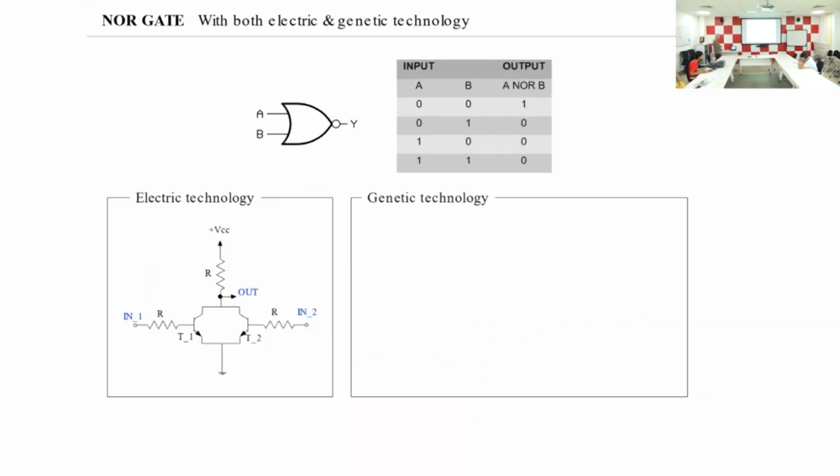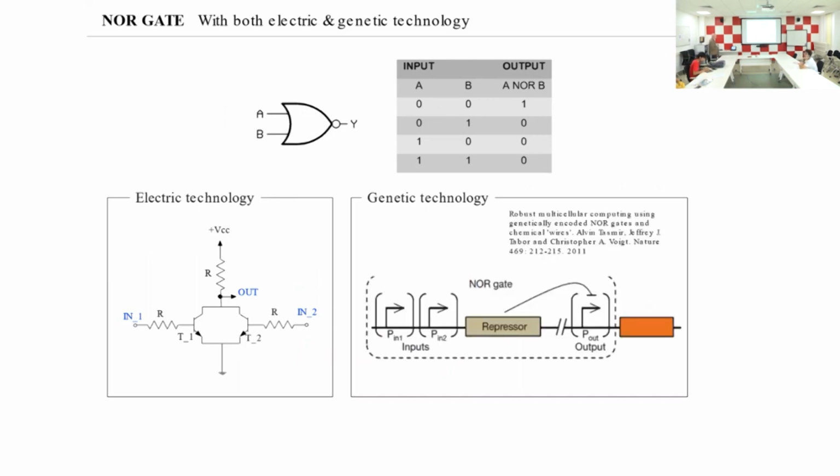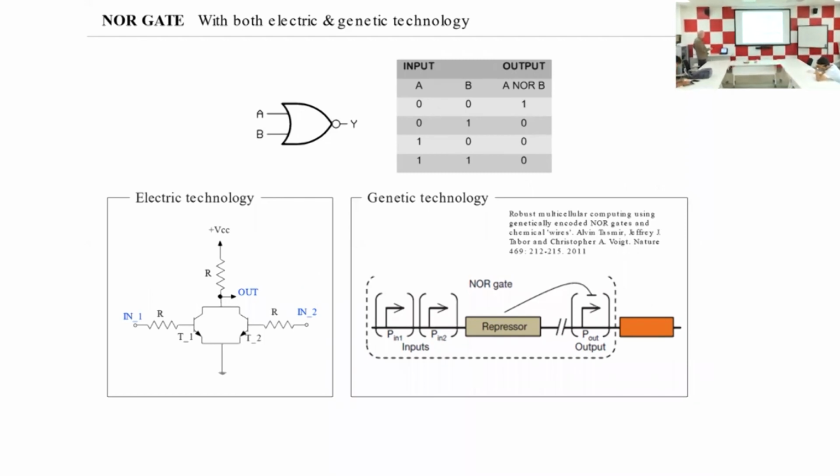Okay. You can then go on, for instance, making these NOR gates. NOR gates are very important, as I will tell you later, because they are the basis of many more complex circuits, and they can be implemented in many different ways. So in this case, for instance, the way to implement a NOR gate, in which the only way to have an output is when you don't have any input, is, for instance, where you have a promoter here that can be repressed by a repressor, but then the repressor can in turn be expressed through two alternative promoters, one or the other.